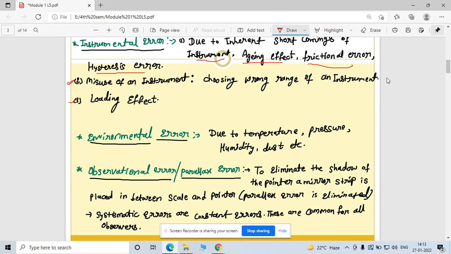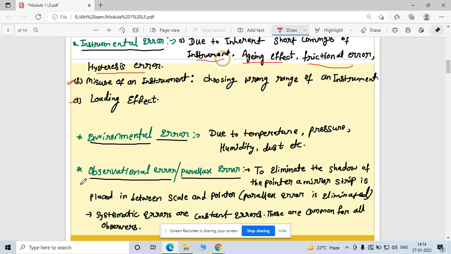So you must take care of that, and from time to time you must maintain all the meters. You can eliminate this environmental error by considering all these factors, right?